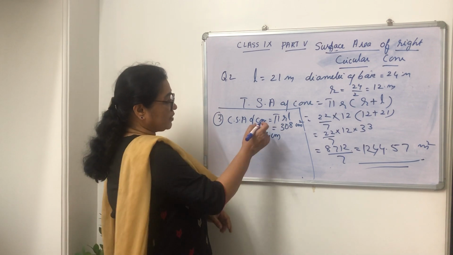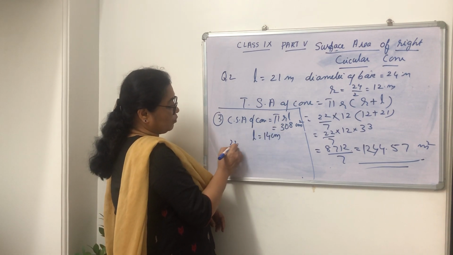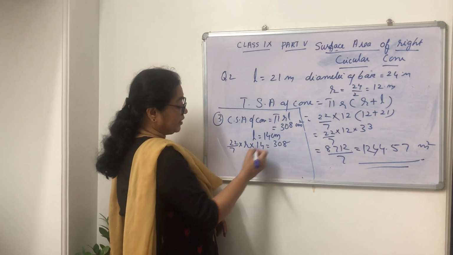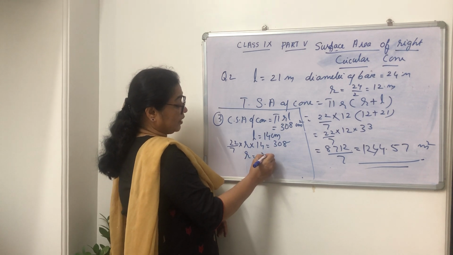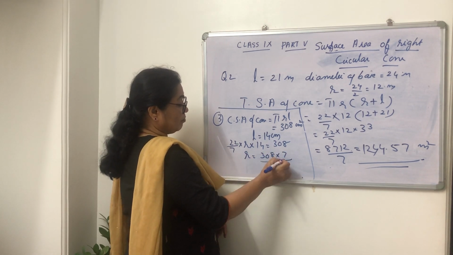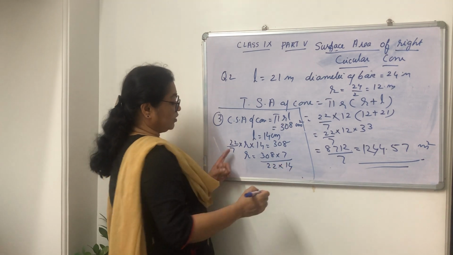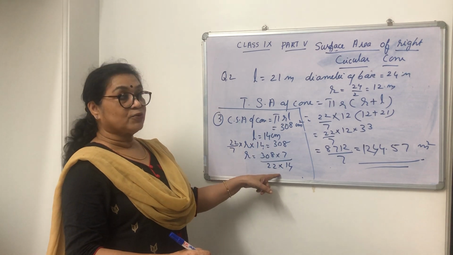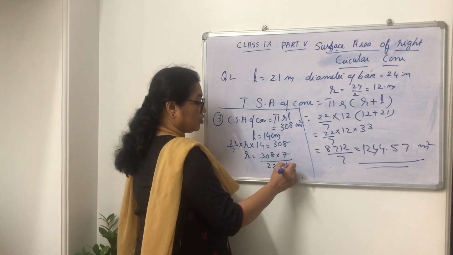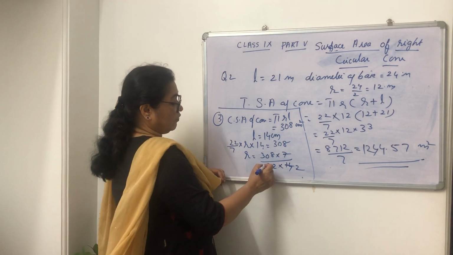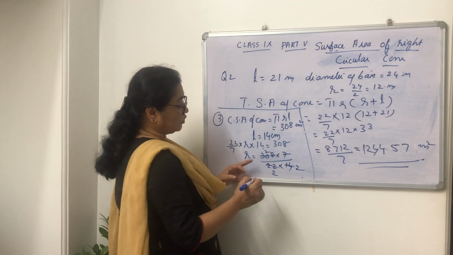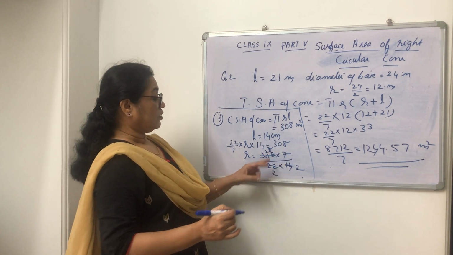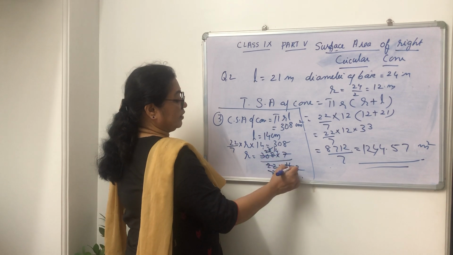So the radius of the base, you can say pi RL, 22 by 7 into r into 14 equal to 308. R is equal to 308 into 7 by 22 into 14. So the 7 will go up into the numerator and 22 and 14 will come down to the denominator. 2 11s are 22, 8 11s are 88. 2 2s are 4, this is 14, again 2 7s.